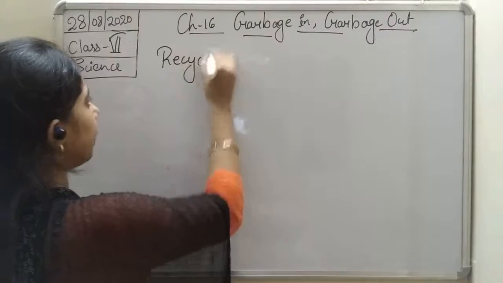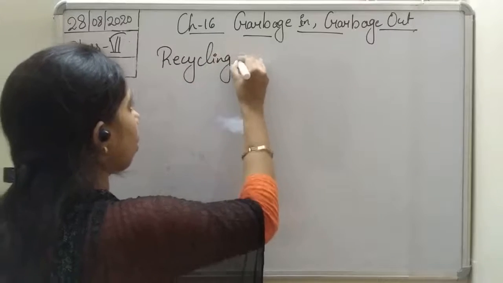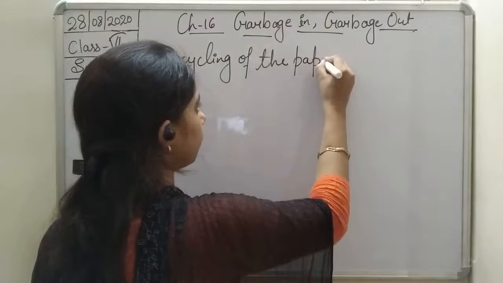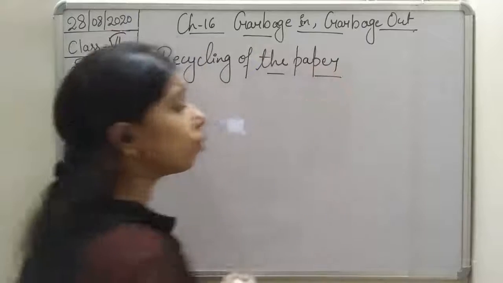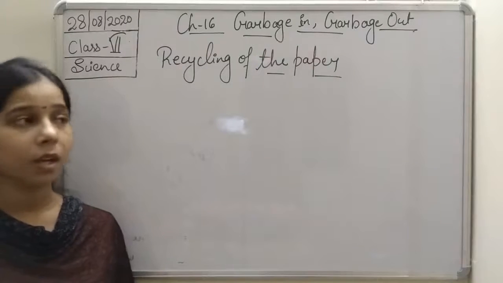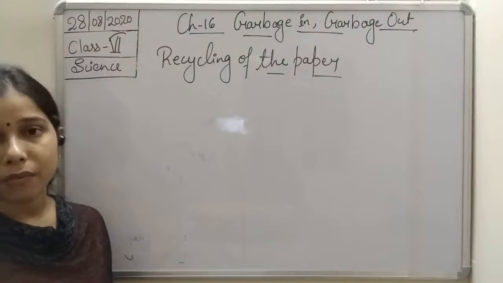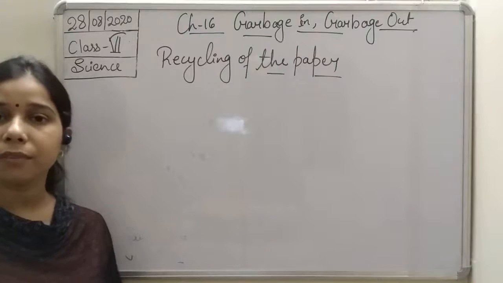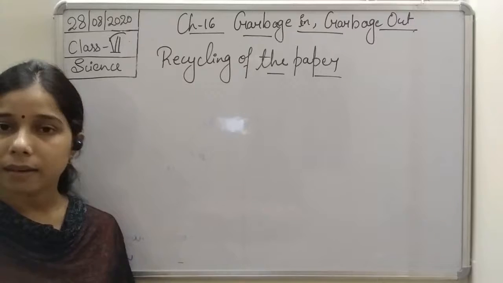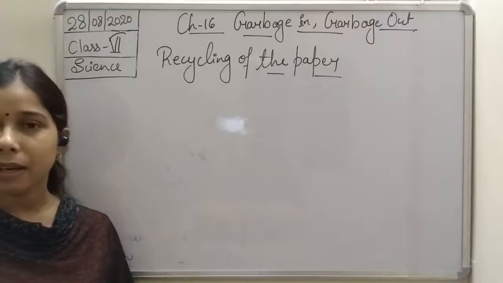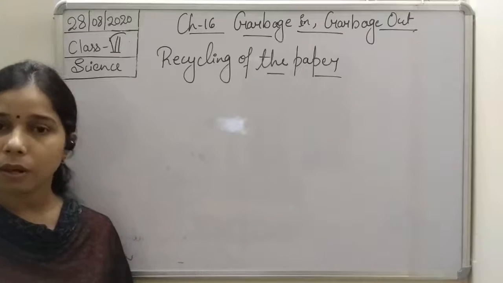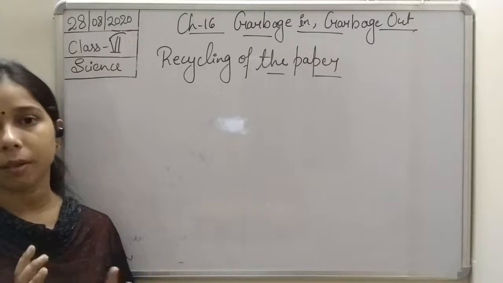So how can you do the recycling at home, students? What are the things that you have to do? At first, you have to take old newspaper or old magazine or an envelope or any waste paper. Okay, you will take it all and you will tear it into small pieces.